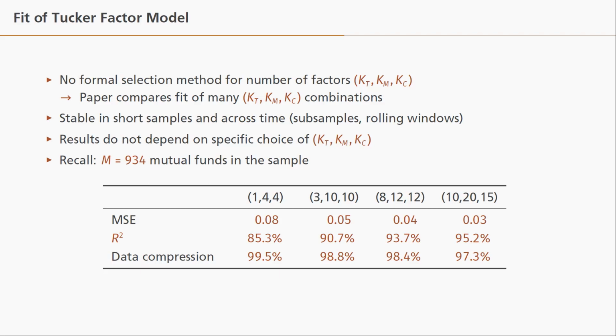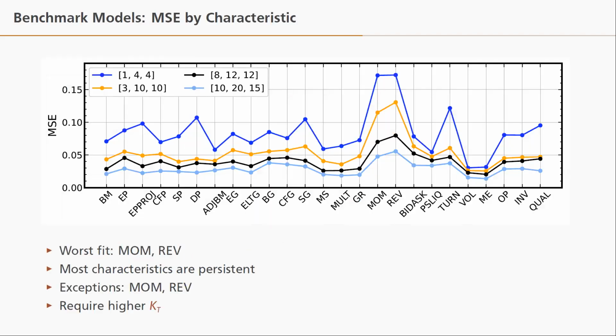Yeah. Just to give you an idea, this is the MSE by characteristic, and these are the different models. The blue one is the most parsimonious, the light blue one is the least parsimonious. And here you can see the improvement if you add more factors. Note that momentum and reversal, universally for all funds and all cases, have the highest errors.